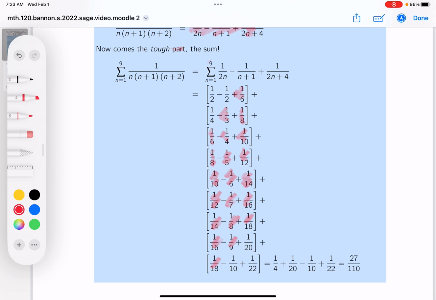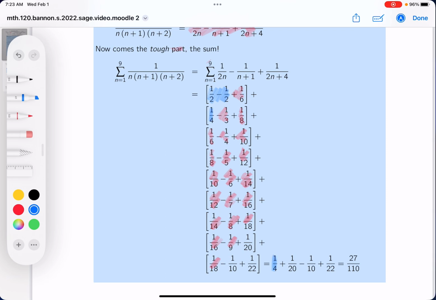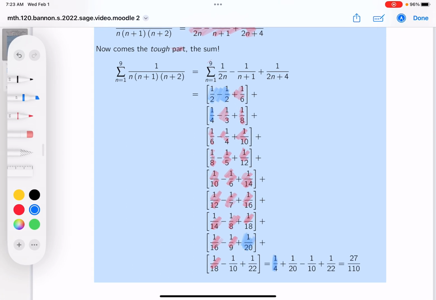Now what I'm looking at, I'm going to highlight it for you. We're looking at this, which is 0. Then we see a quarter, that's right over here. I see 1/20th, that's right there. Minus 1/10, that's right there. And plus 1 over 22. By the way, this is a lot easier for me to deal with, and I'll tell you why: there's only 4 terms here.